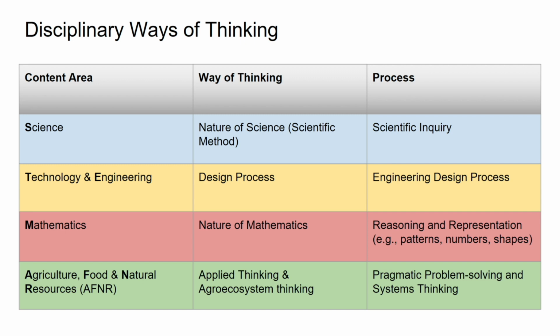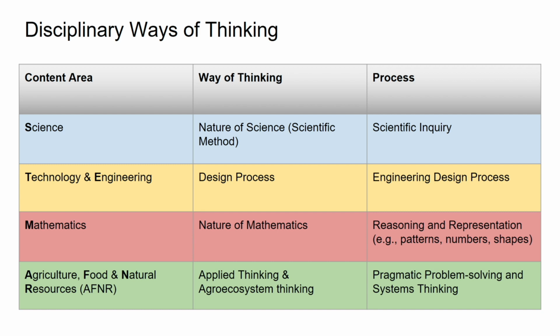So now let's transition and think about different ways that scientists, technologists and engineers, mathematicians, and then ag-food natural resource specialists think about knowledge and solve problems in their disciplines. So we call these disciplinary ways of thinking.